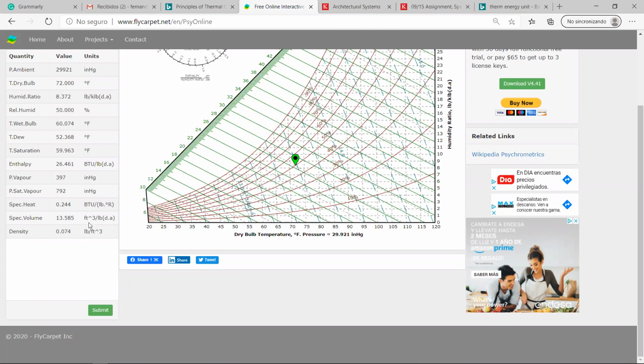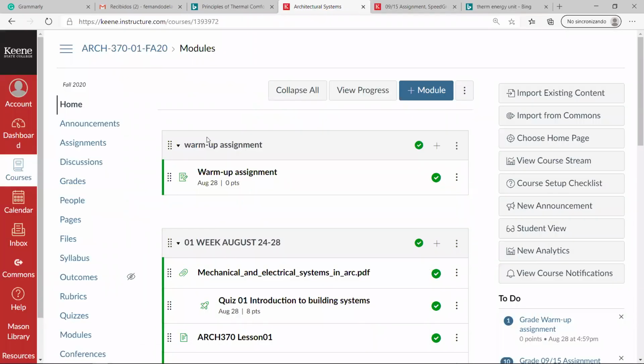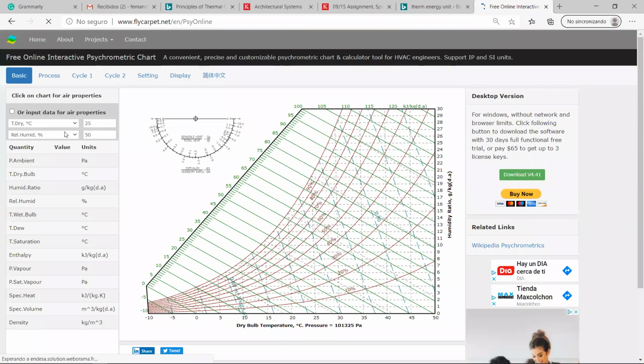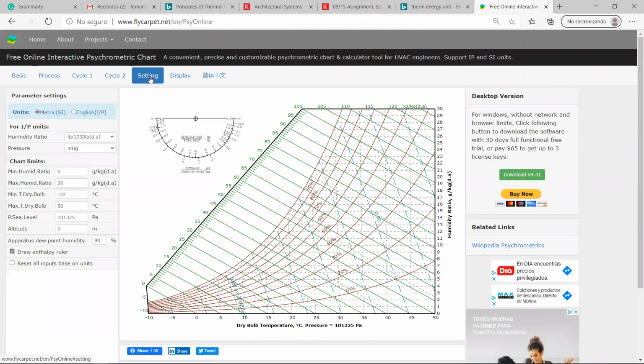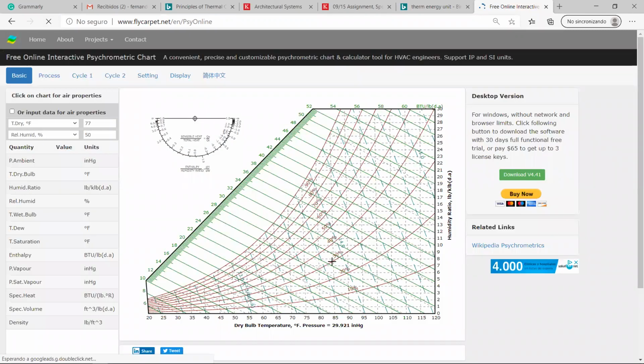Okay, thank you. And then also, can you just show me one more time how to go into settings and change it to Fahrenheit instead of Celsius? Okay, so let's close this. By default, you are in Celsius, and then you have to go to settings. You have to select English. And here, this is the most important thing: you have to reset all inputs based on units. And then submit. And there you go.